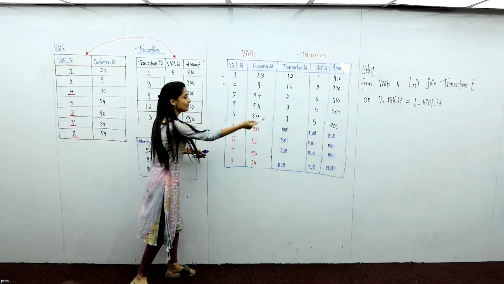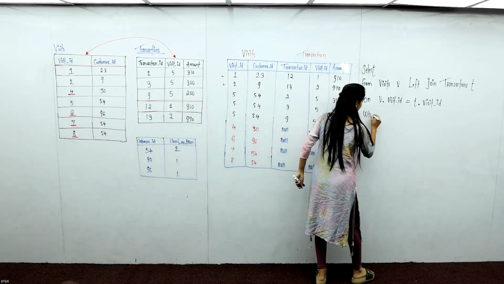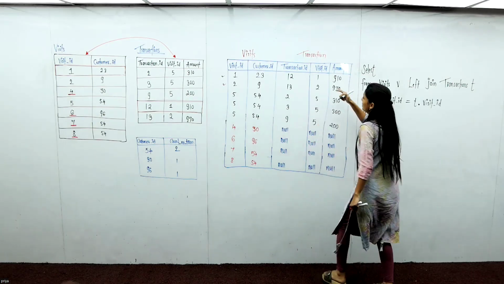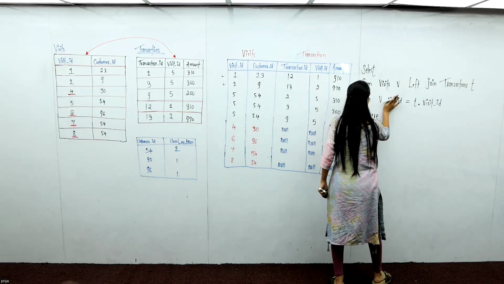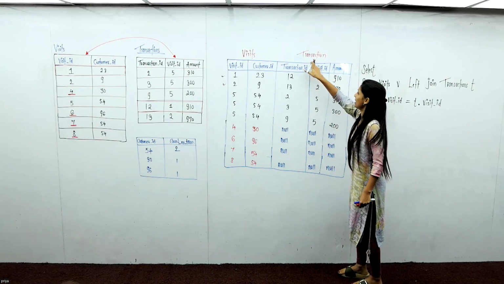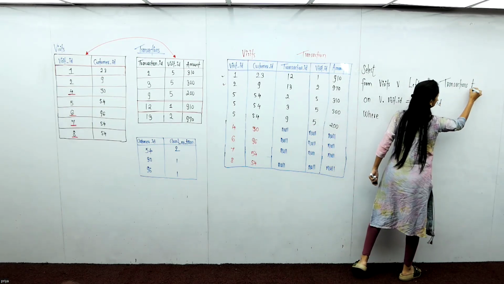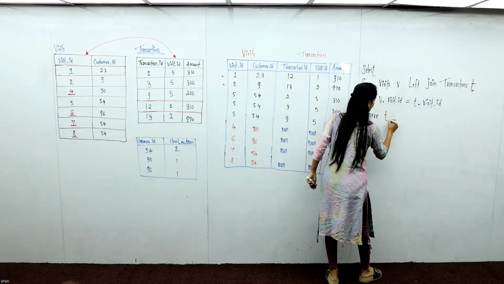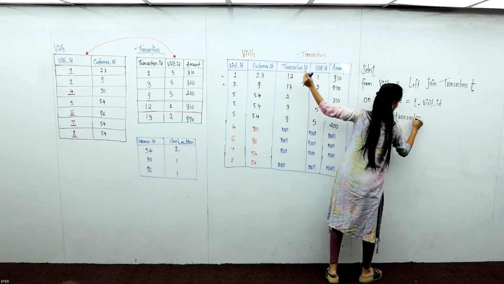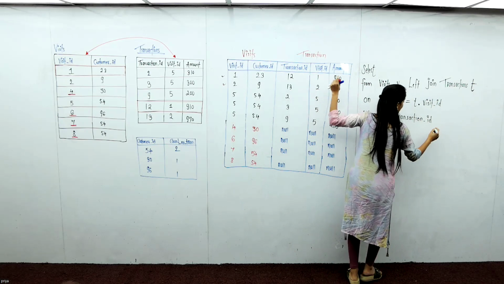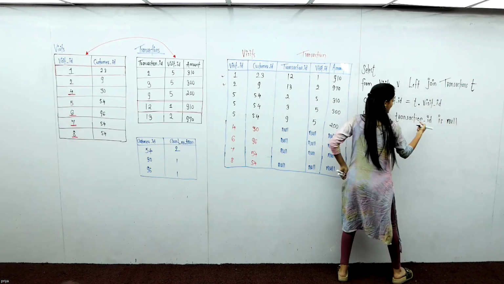So from this table, we have to fetch such records where the transaction ID is null. Now, the transaction ID column is present in which table? The transaction table. The alias we have used for the transaction table is T. So here I will write where T dot transaction ID is null, because we cannot write where transaction ID is equal to null.